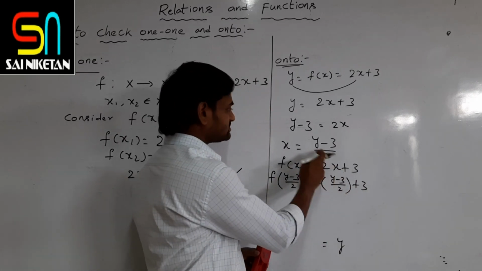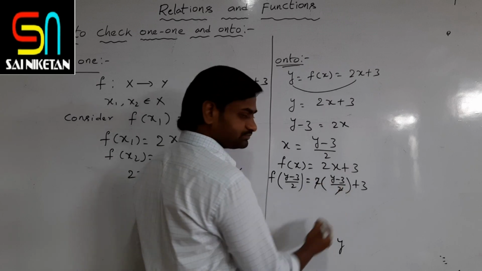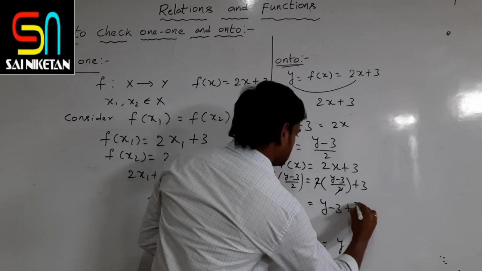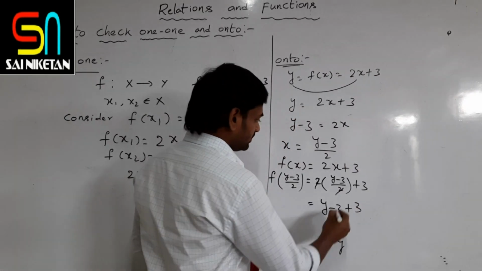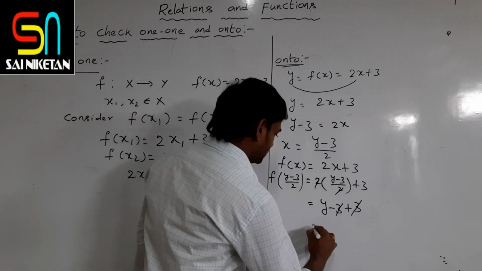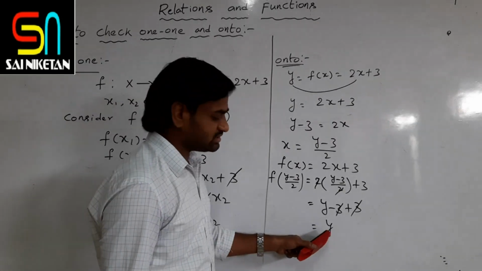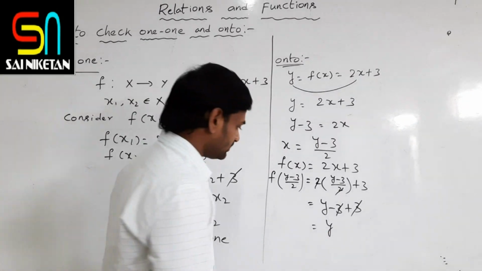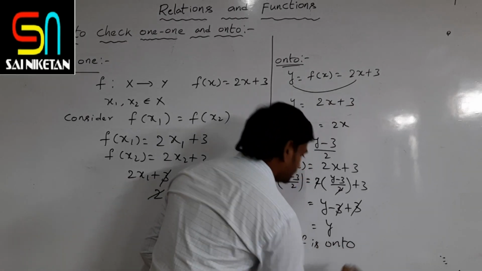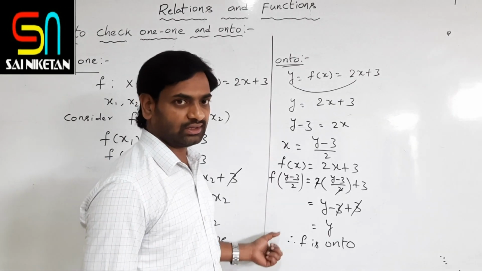Now here 2 gets cancelled. Now the remaining is y minus 3 plus 3. Minus 3 plus 3 cancel. Now the remaining is y. When the answer is y, then you can say f is onto. This is the process to check one-one and onto.